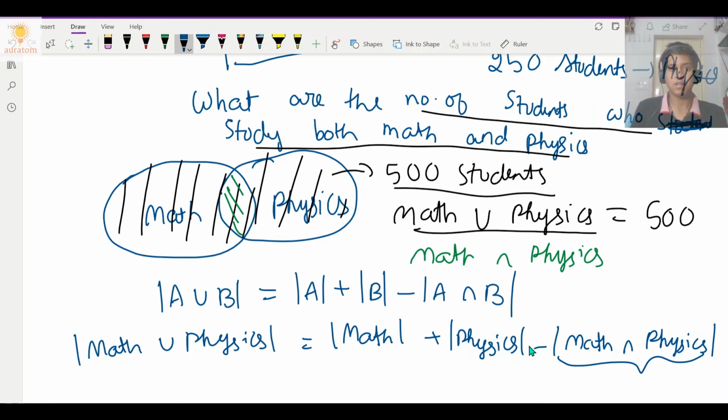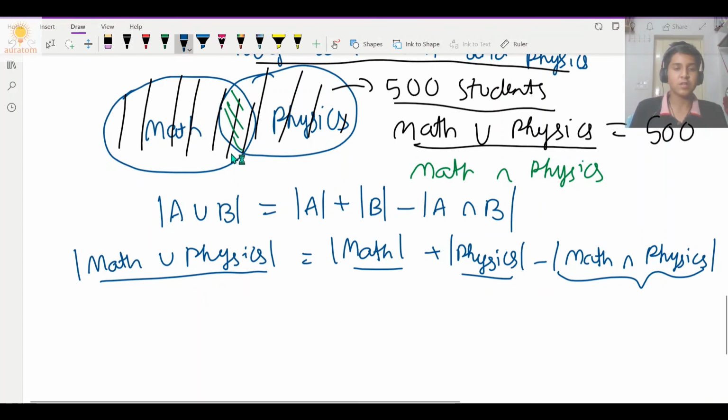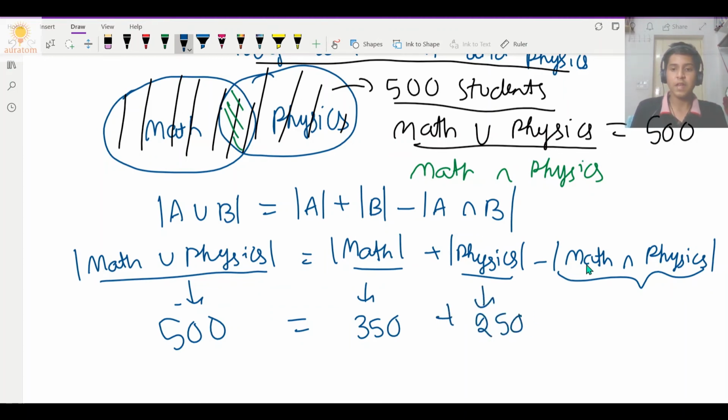Because we know the numbers for the other terms, let's just find this out. And now let's proceed to the answer. So we know that math union physics, which is this total big part here, will be 500, and the number of students who are studying math is 350, and the number of students who are studying physics is 250, minus math intersection physics, which is what we have to find.